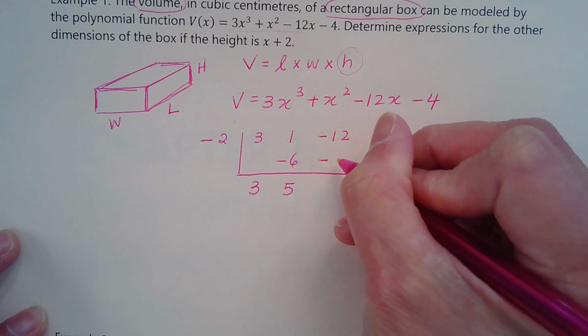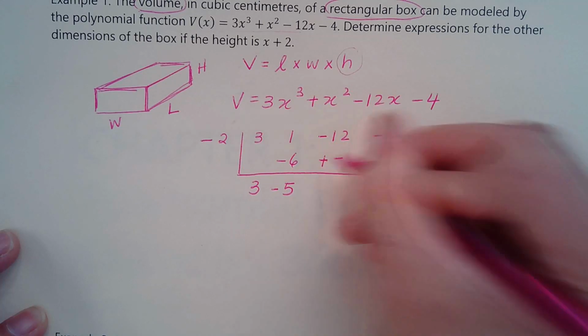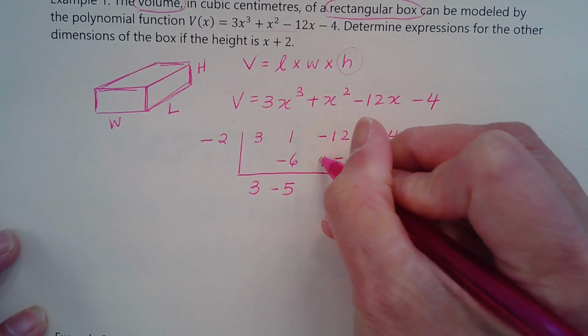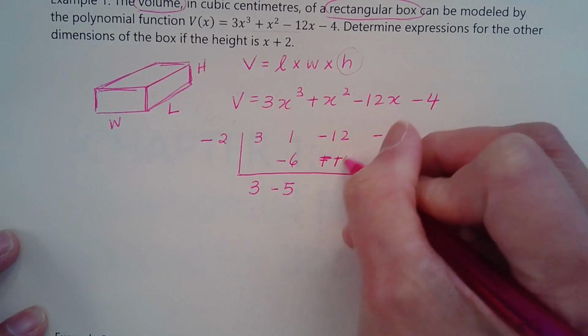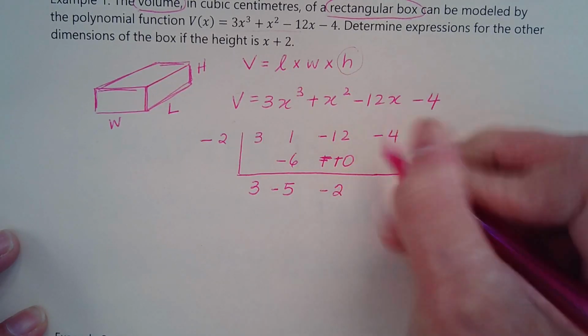Minus 5, not positive 5. Minus 5, and 10. It's going to be negative 10, 10, minus 4, minus 2, 4 positive.